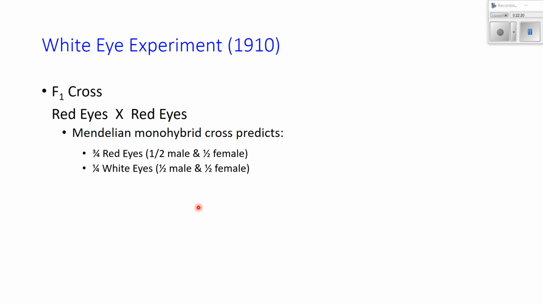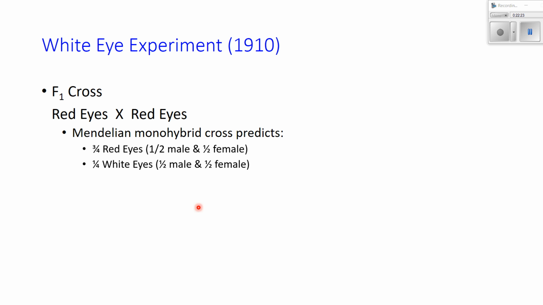So if this trait is autosomal, you would expect to get 3/4 red eyes in the F2 generation and 1/4 white eyes. And it should be a 50-50 split male-female, because male-female shouldn't have anything to do with eye color, right? So that should always be a 50-50 split.